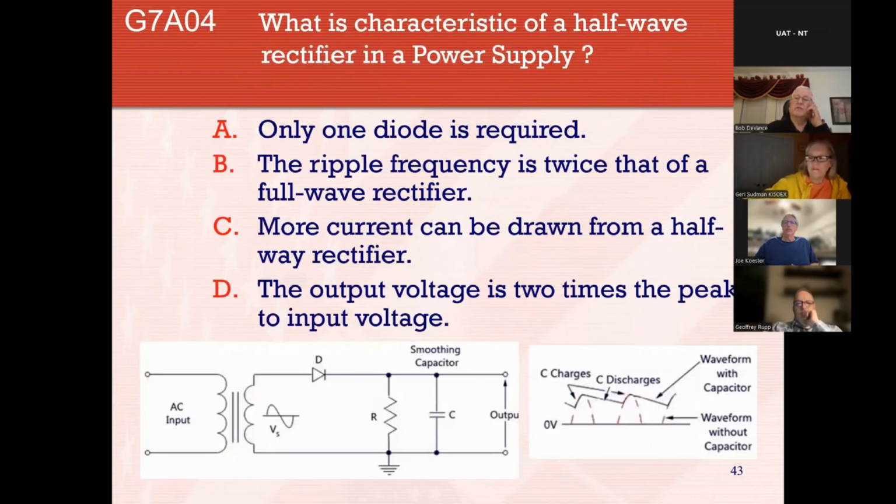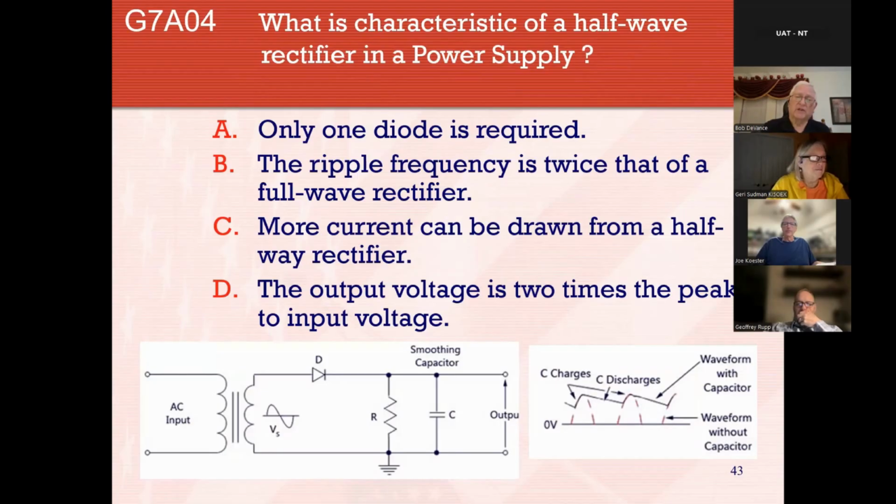What's the characteristic of a half-wave rectifier in a power supply? And we mentioned this one. Anybody remember? Do you remember one of the old thumbnail principles on tests? Oftentimes the answer will be either the shortest answer or the longest answer. So what do we think is right here?